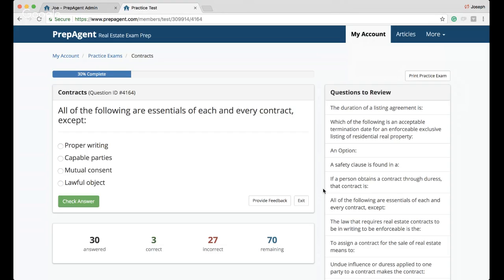Writing is essential in many, many contracts, but not all of them. It's not one of the main essentials. In most contracts, it's essential. But for example, a lease under a year in most states does not have to be in writing for it to be enforceable. And also remember, you could have oral contracts.